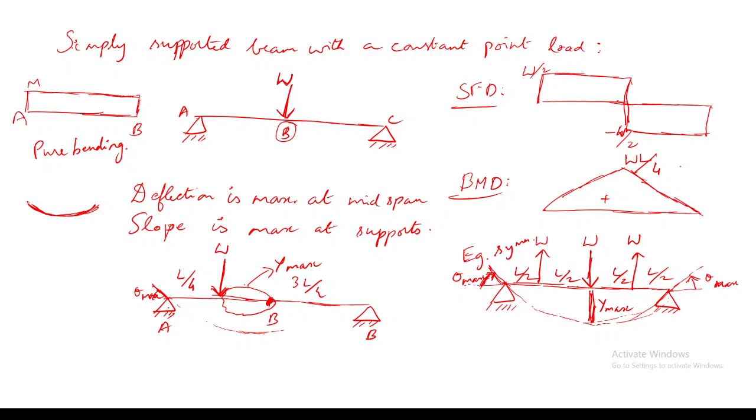Yes, sir. So now you are all having access to that formula sheet which I have attached, right? Yes, sir. Okay, fine. So now let's derive the slope and deflection equation for the case of pure bending, and then we will proceed to the problems.